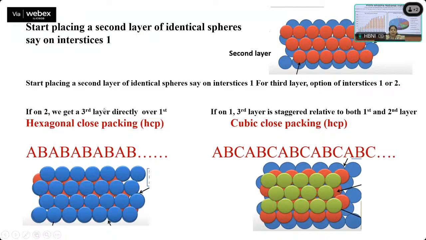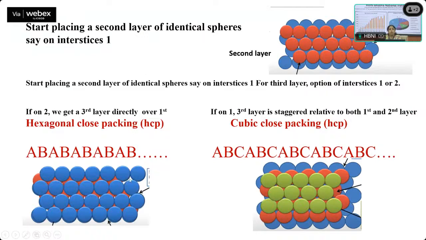Now, if I have to place the third layer, and I choose placing my circles again on the first interstices, what you will observe is the third layer is staggered relative to both first and second layer. That is a very famous arrangement that we call ABC, ABC, ABC kind of arrangement, and this particular packing is called cubic close packing.